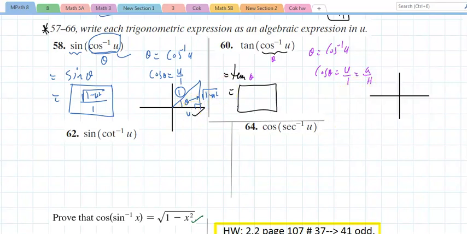It's right there, but we'll do it again for practice. We are in quadrant 1, and adjacent over hypotenuse, 1 squared equal y squared plus u squared. So y squared equal 1 minus u squared, and if you square both sides, in this quadrant it's positive, and you want the tangent, which is the opposite over the adjacent. The opposite is the square root of 1 minus u squared, and the adjacent is u.